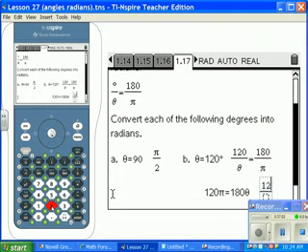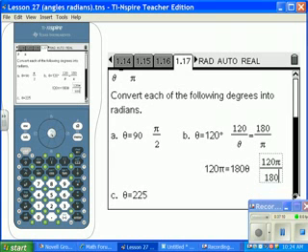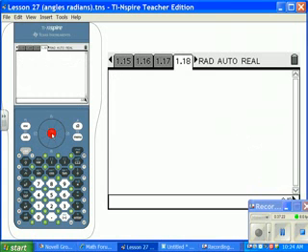Divide out the 180. So I have 120 pi over 180. 120 pi over 180. Think that's in simplest form? You guys know how to get simplest form on your calculator? Control I at a calculator page.